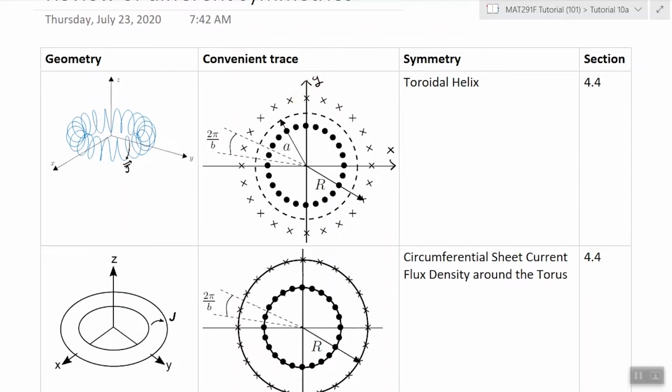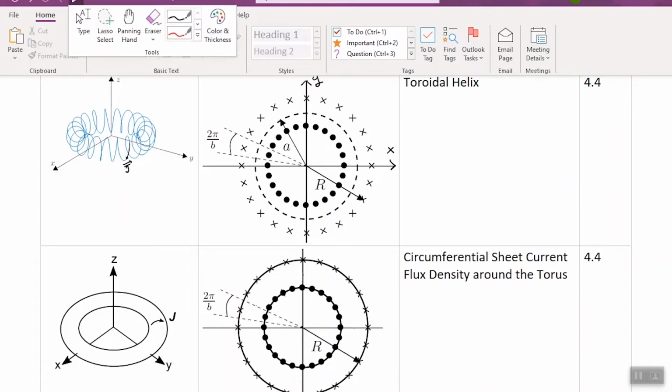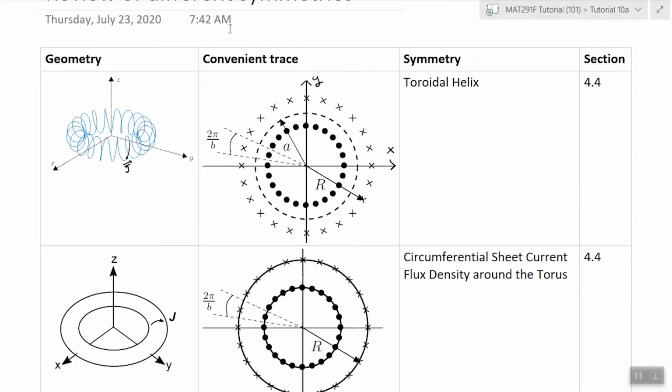The field produced by the torus will be somewhat similar to the field produced by the helix. So it also goes sort of inside the helix, and is zero outside the helix.